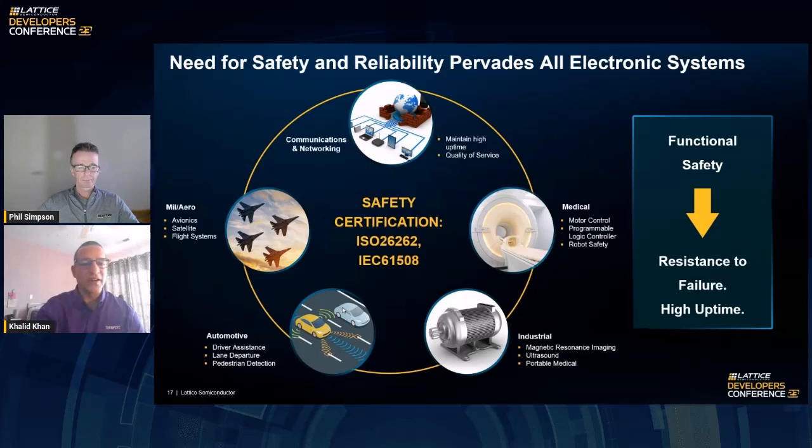Functional safety and reliability requirements are no different for FPGA-based design deployments. Today, FPGA-based designs are utilized in many safety-critical systems, such as in the military, aerospace, medical, industrial, robotics, and automotive industries, where resistance to failure is critical. Next slide, Phil.